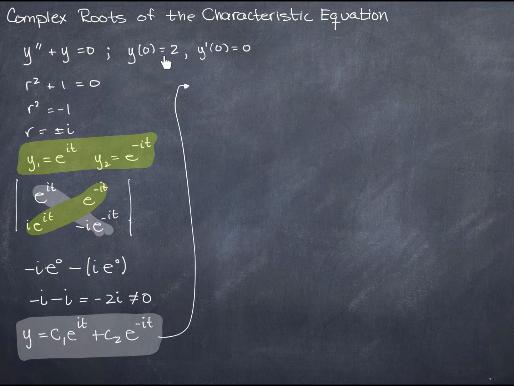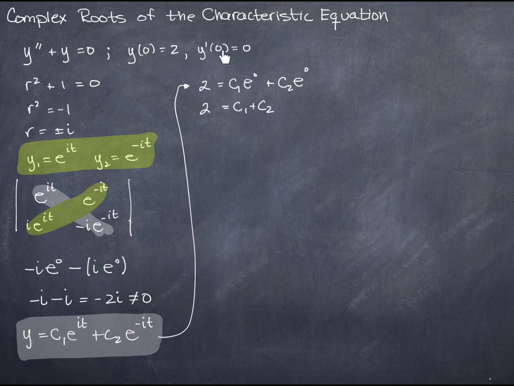So I can plug these two values in, and I get y, which is 2, equals c1 e to the i times 0, which is 0, plus c2 e to the negative i times 0. That gives me 2 equals c1 plus c2. Okay, that is this set of initial conditions.